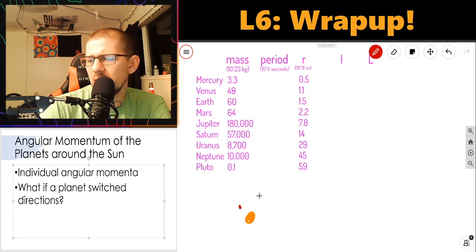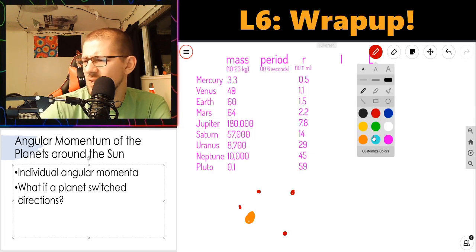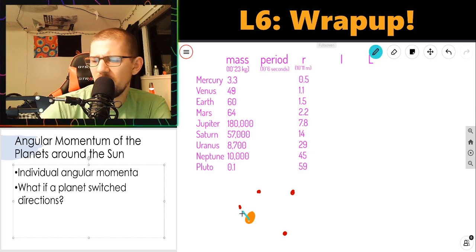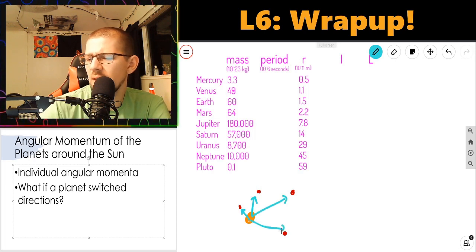They're all rotating around the sun, and I'm going to exaggerate a little bit here. Let's pretend that there's only 4, just for convenience. So what I've got is these vectors, these r, which are all some length. That's the average distance from the planet to the sun.